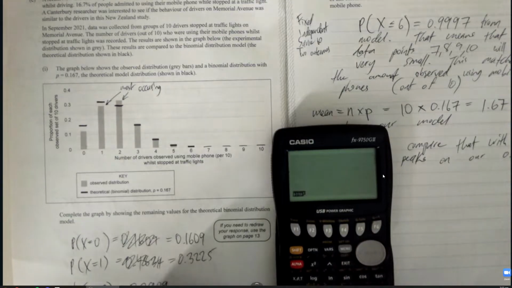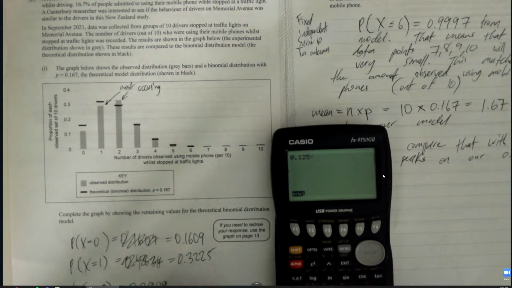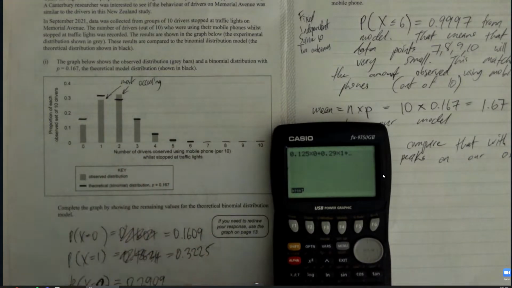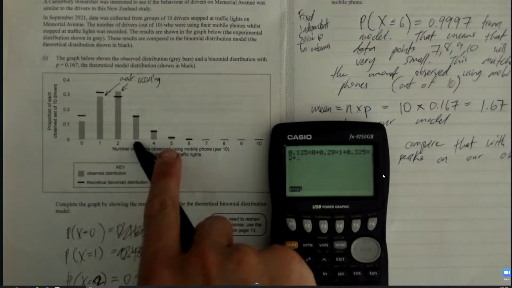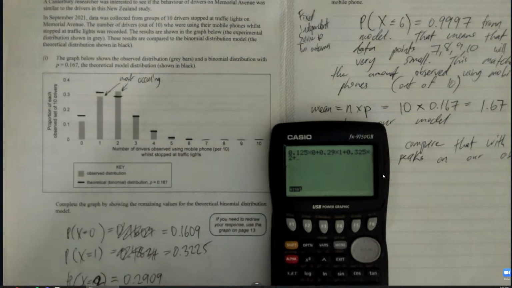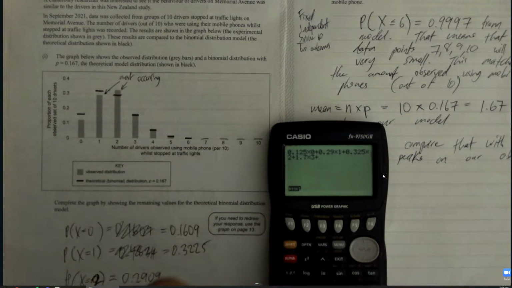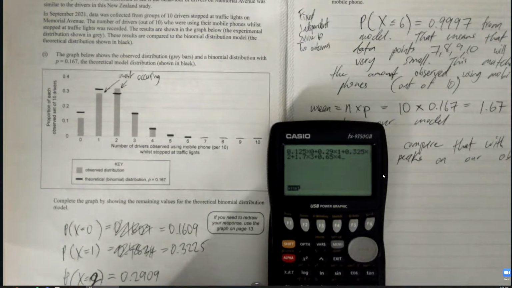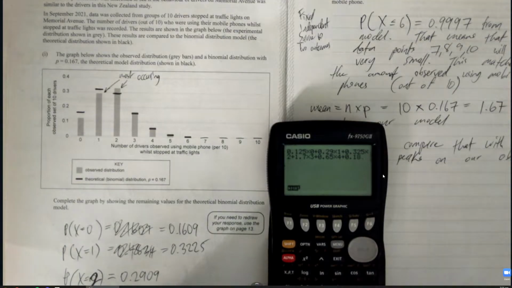So 0.125 times 0 plus 0.29 times 1, and then 0.325 times 2, and then 1.7, and then 0.65, and then 0.18. I'm getting more accurate as I go.